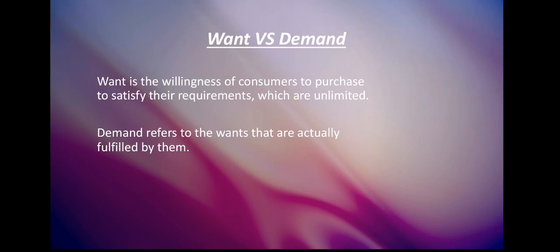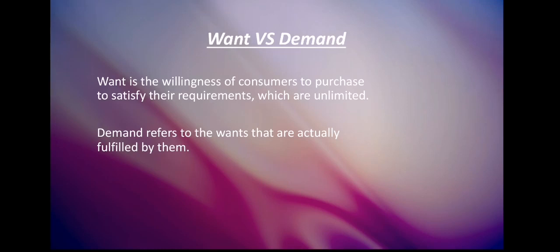Now we also have to differentiate what want and demand is. Want is the willingness of consumers to purchase to satisfy their requirements. These requirements, wants, are unlimited. However, demand refers to the wants that are actually fulfilled by them.